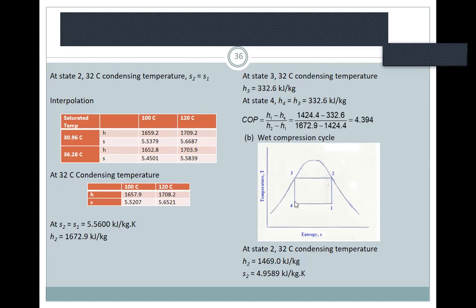So weight compression. So ito yung weight compression mo. At 32C condensing, H2 is equal to 1.2. Saturated siya, di ba? This is saturated vapor. H2 is equal to H3, 1469 kilojoule per kilogram. H2 is 4.9589. So ito naman ang saturated.